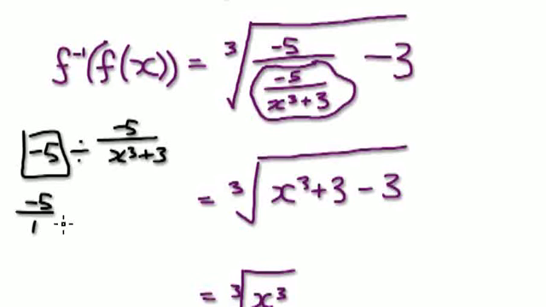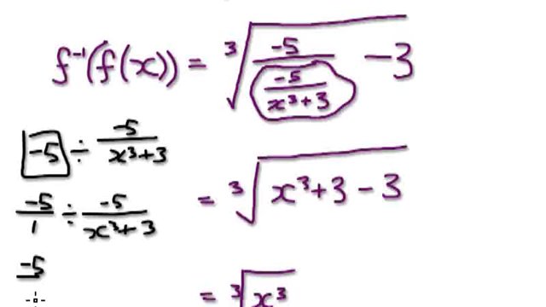So you have this divided by -5 over this here, and then keep this the same, times the reciprocal, so it will be this to the power 3 plus 3, -5 here, and then top times top, bottom times bottom.